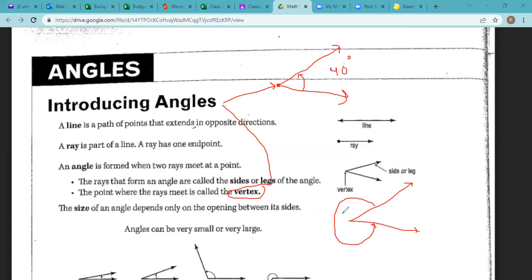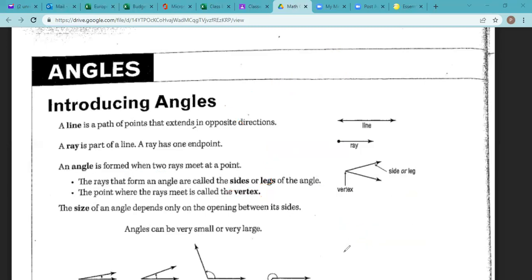And so I'm going to take a guess, and I'm going to say, well, this is maybe about a 150-degree angle. It's much, much bigger. So angles can be small. They can also be very large. So let's take a look at why that is.